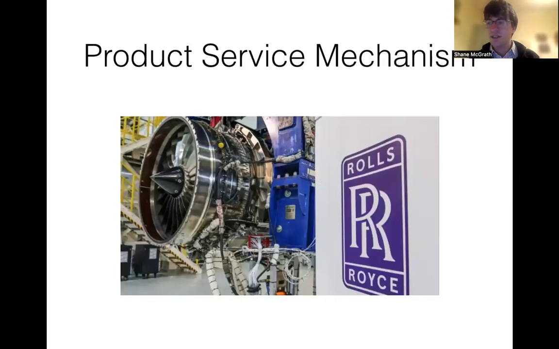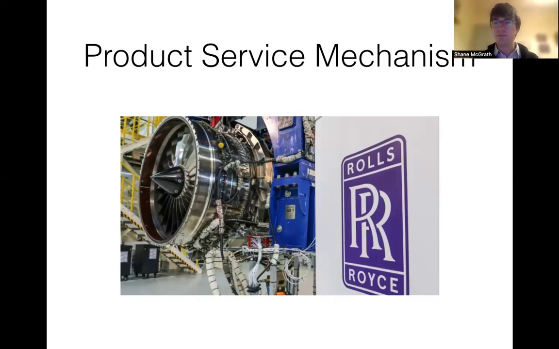The mechanism here is the product service mechanism. Social manufacturing has mechanisms that are necessary. These are some of the concepts that you have to read a few times to get some of these ideas.